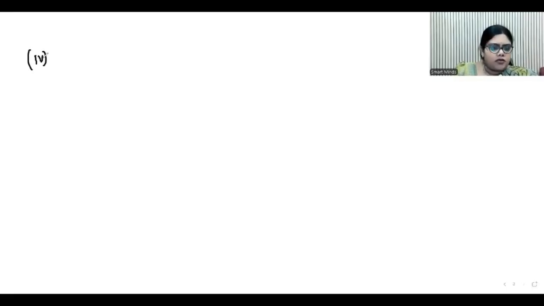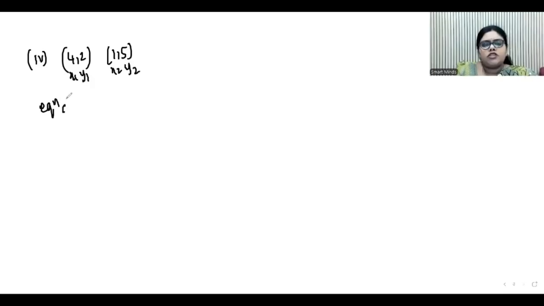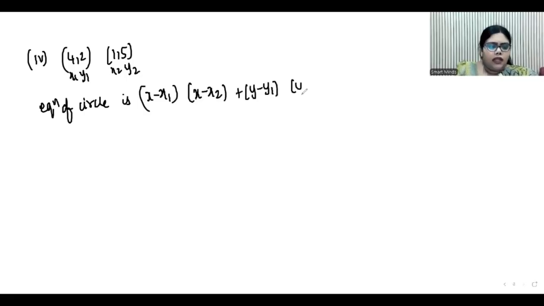Next, take the next question, bit number 4. 4, 2, 1, 5. Again, we take this as x1, y1, x2, y2. Now, what is the equation of circle? What is the formula we use when end points of diameter are given? x minus x1 into x minus x2 plus y minus y1 into y minus y2 is equal to 0.